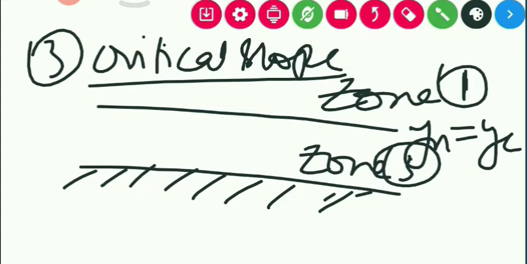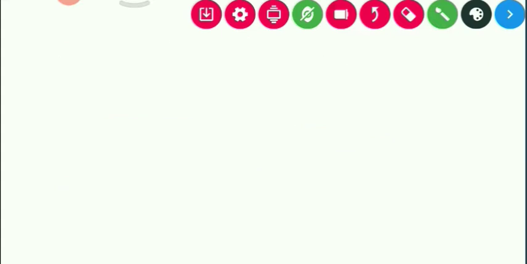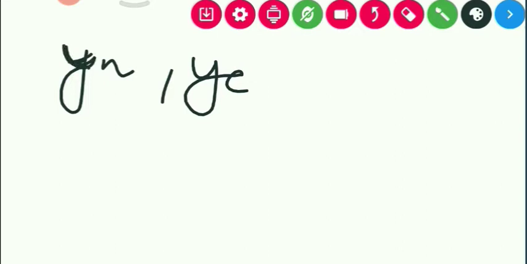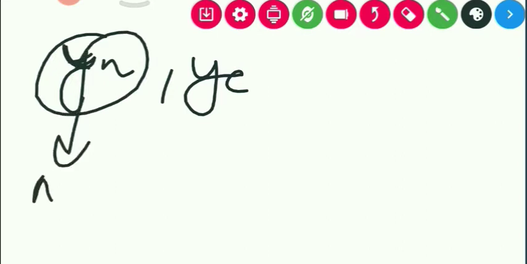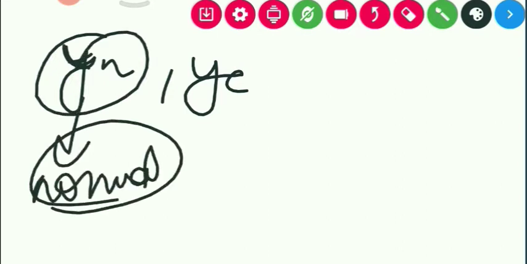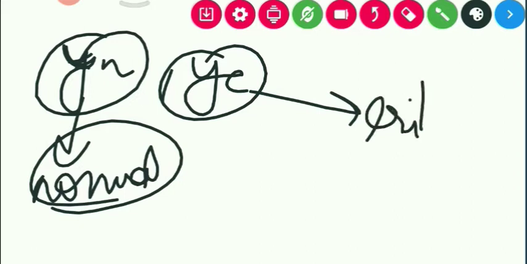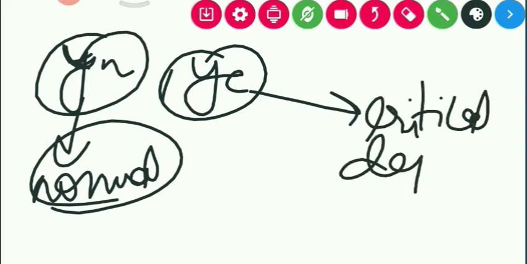Why not zone 2? Because if we see here, yn is the normal depth of the flow and yc is the critical depth of the flow.